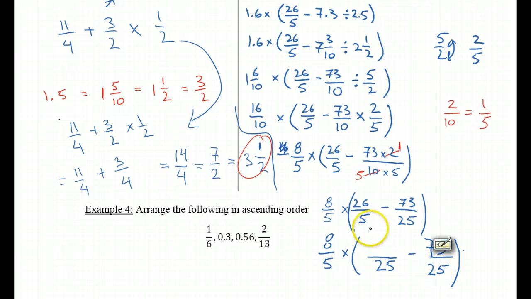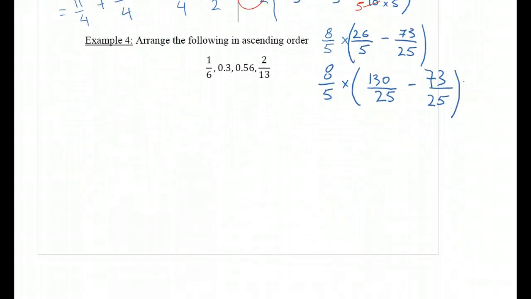Okay, now the 5, in order to get 25, I change this 5 to 25 by multiplying it by 5. So I have to do the same thing to the numerator. And 26 times 5 is 130. And then finally, now I can do my subtraction, and 130 minus 73 is going to give me 57.